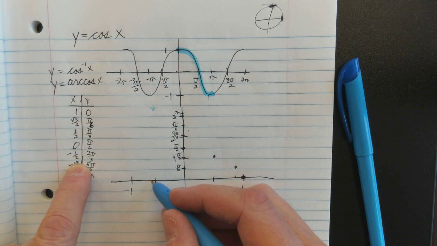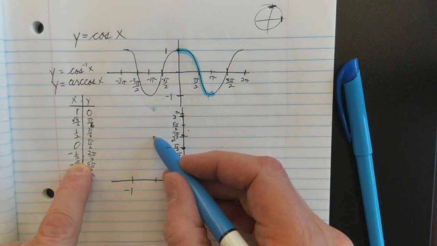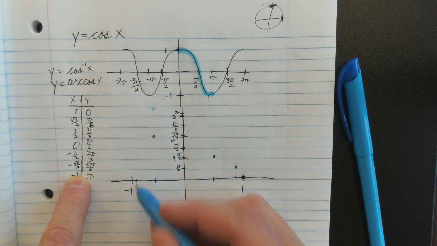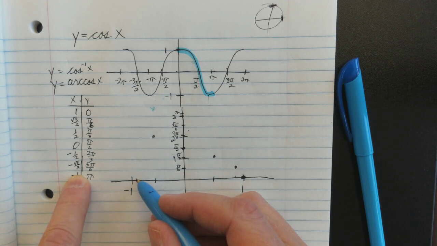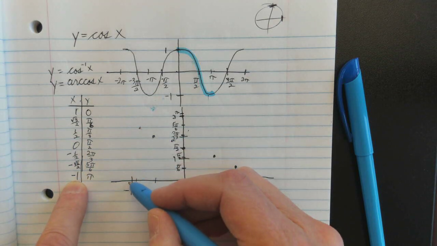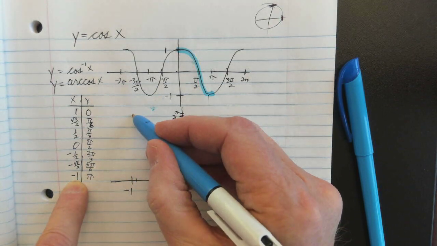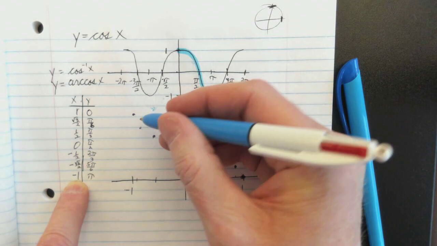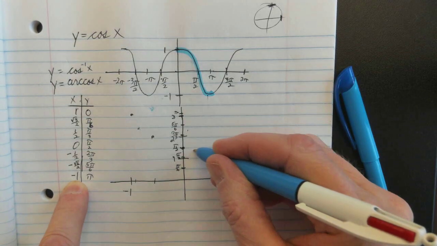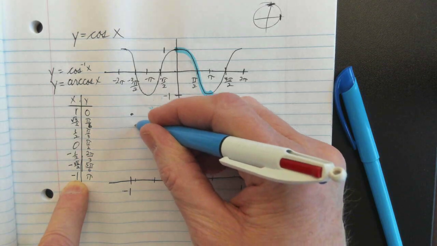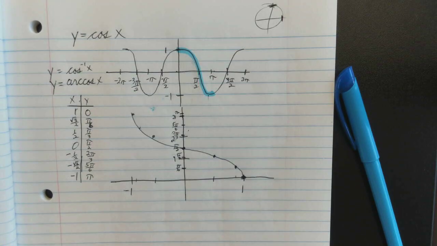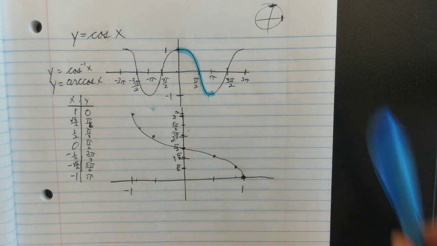Negative 1/2, 2 pi over 3. This is right around there. Negative radical 3 over 2, 5 pi over 6. Negative 1 is up here at pi. All right, there we go.